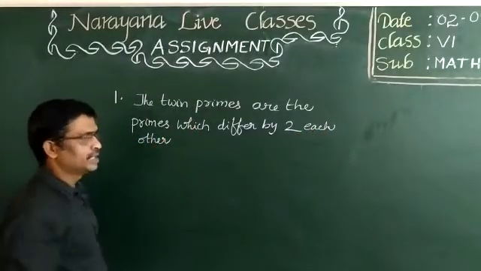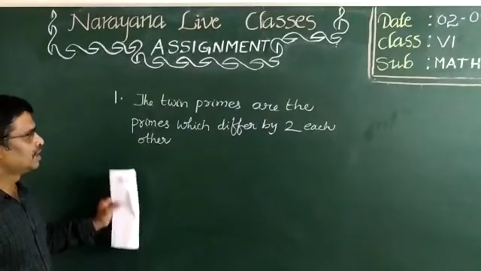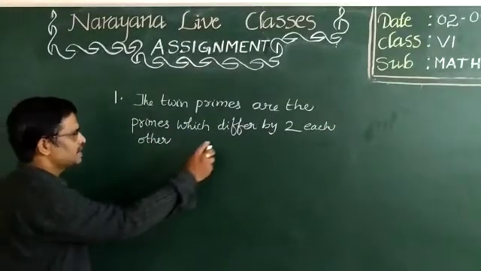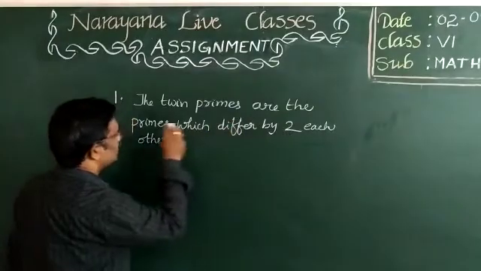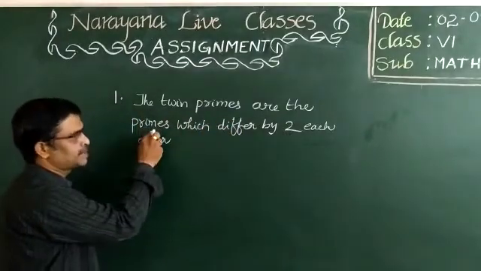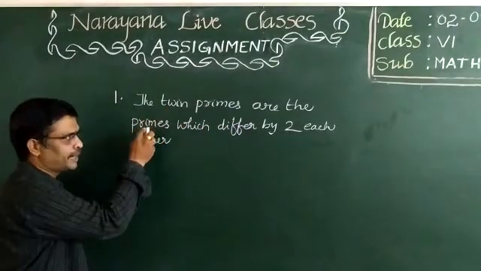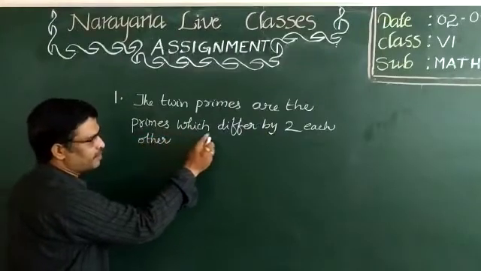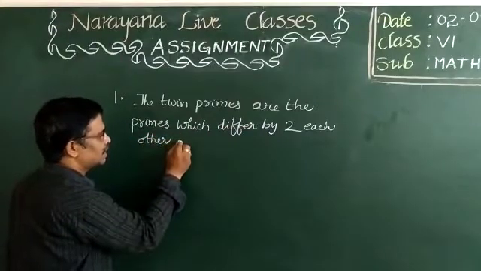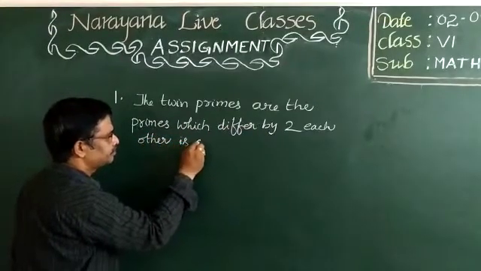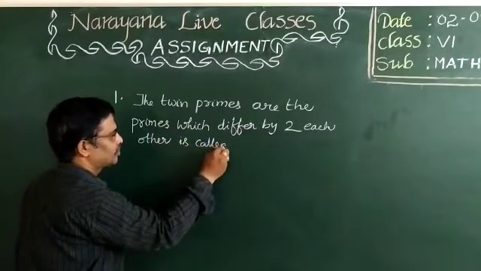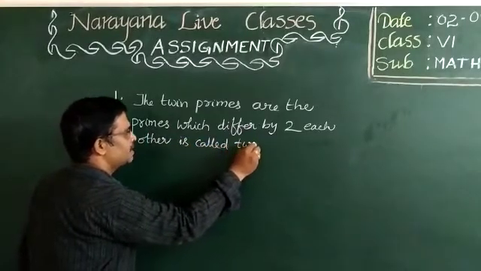In that pair, if you take the difference of the two primes and it is two, they are twin primes. That means twin primes are also primes only, which differ by two from each other.